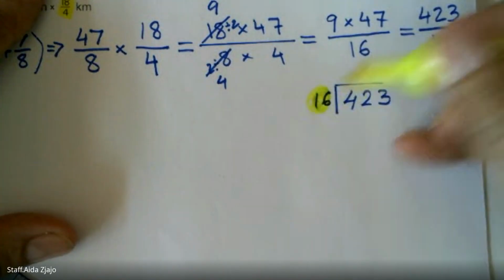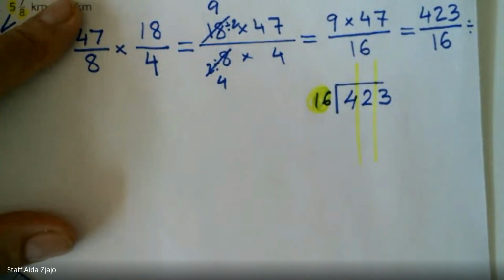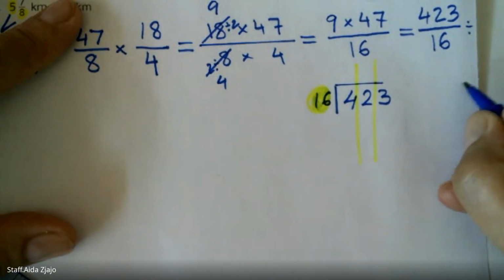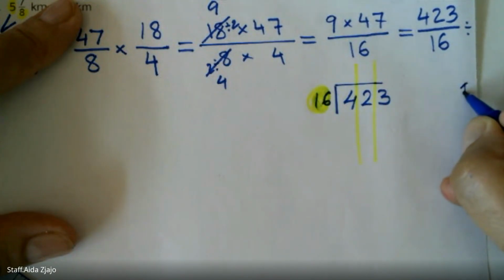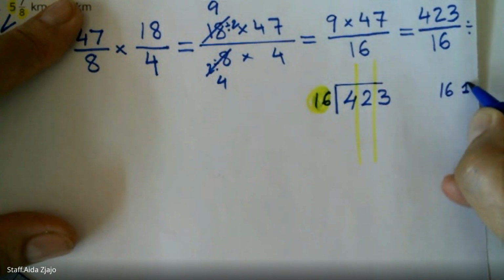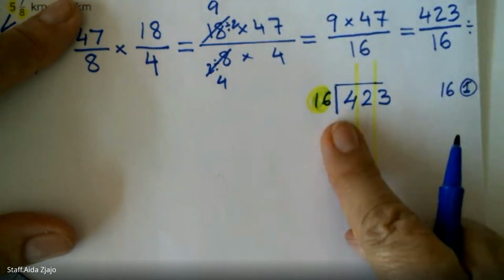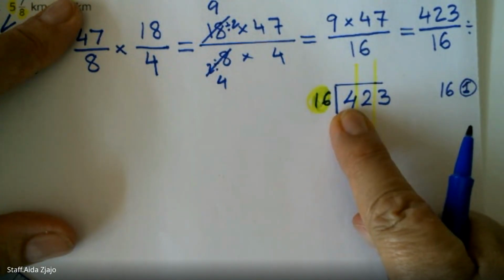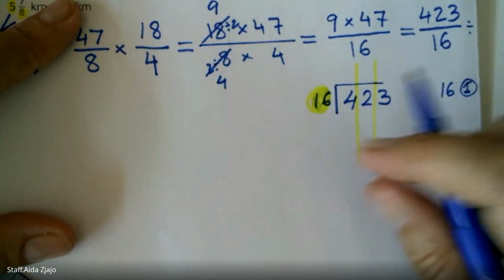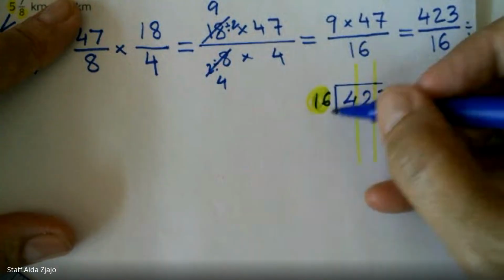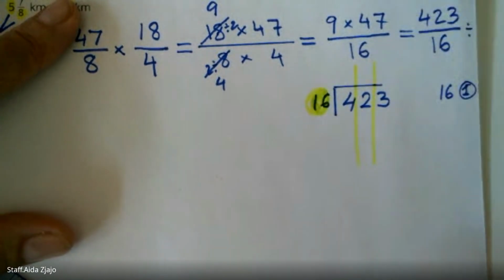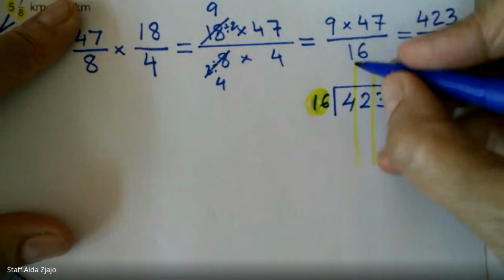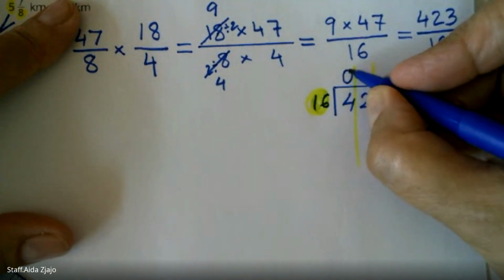I'm going to go one number at a time. One group is 16. With the 4, I cannot share 400 into 16 equal groups, so I make 0 groups.